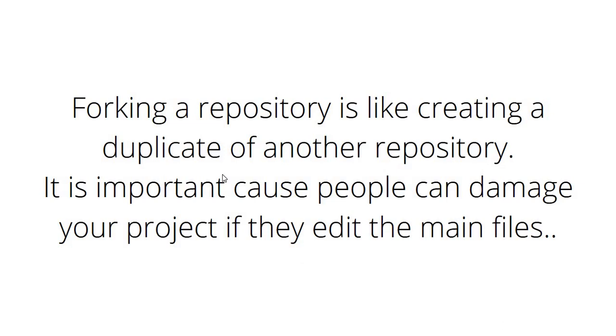So for that we create a duplicate of the main repository and make changes to it. By making changes to that we won't be affecting the main repository, and so forking is a very useful tool in GitHub.